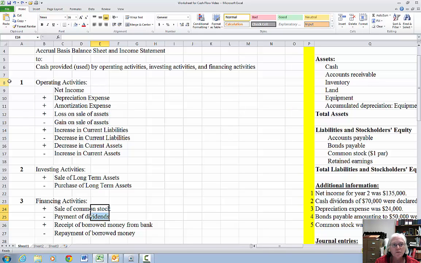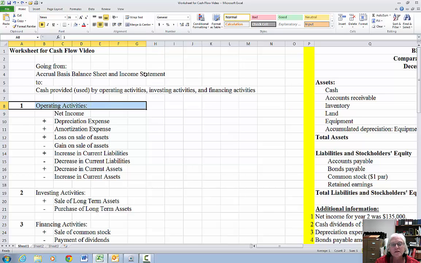Okay, so in your operating activities, since we're going from an accrual basis income statement, we're going to start with net income. And then we're going to add back any items that are on the income statement that did not require the use of cash or did not provide cash.